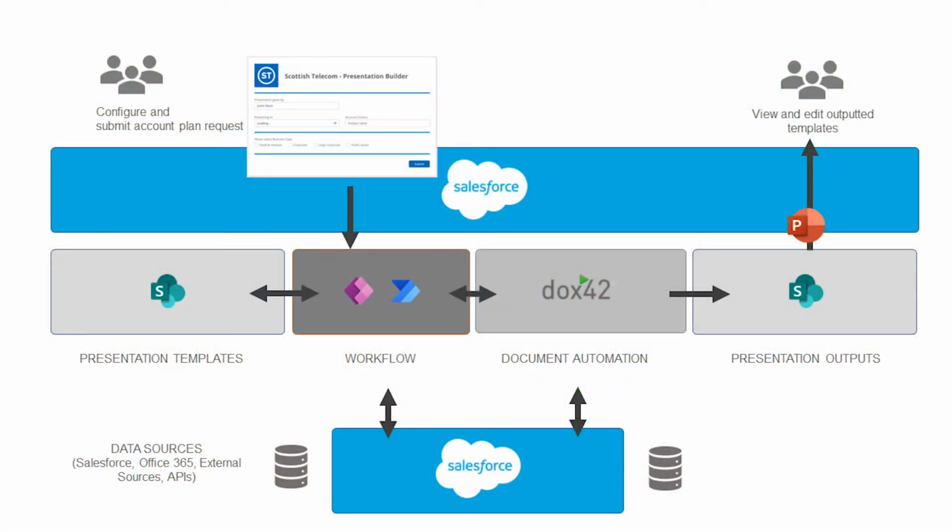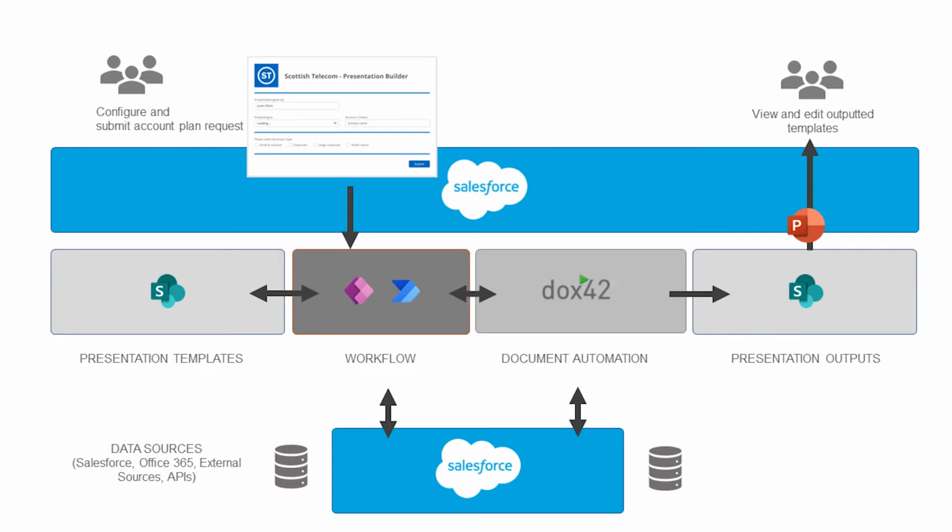So in the live scenario, we've got a form that's being driven by data coming from a Salesforce platform. We're taking Salesforce information, which is in flow for the sales reps when they're working with these accounts, and we're using the power of the Microsoft layer in Power Automate and the Docs42 technologies in combination to combine a whole range of data sources.